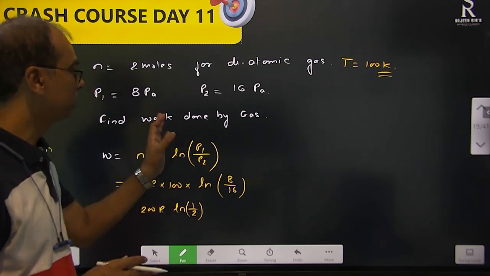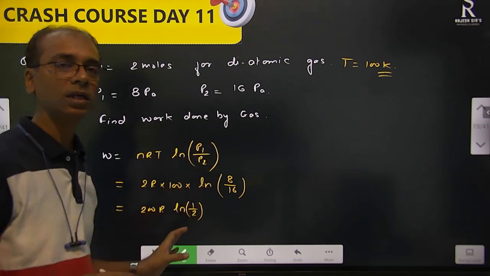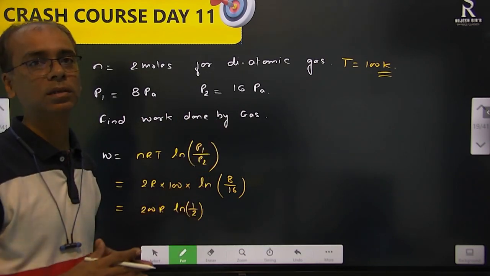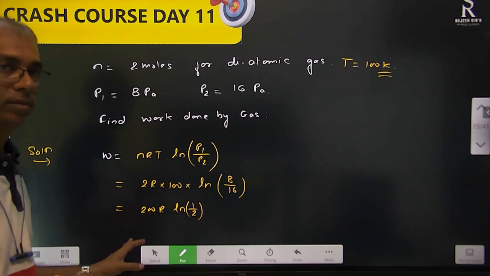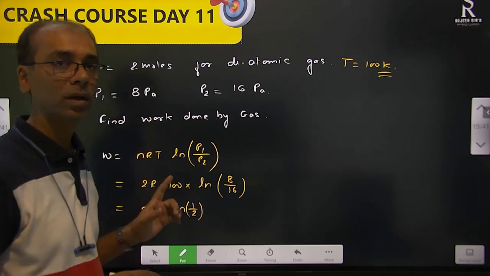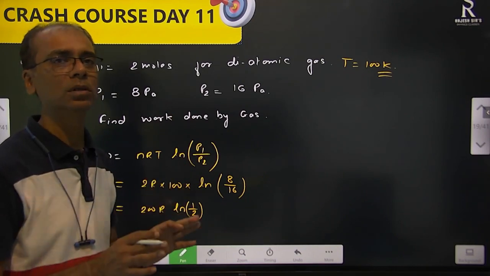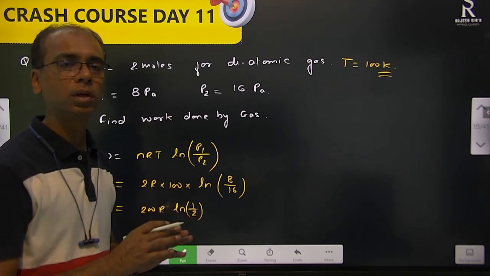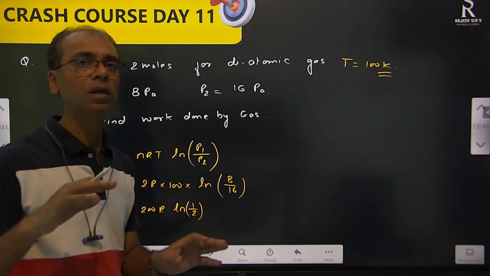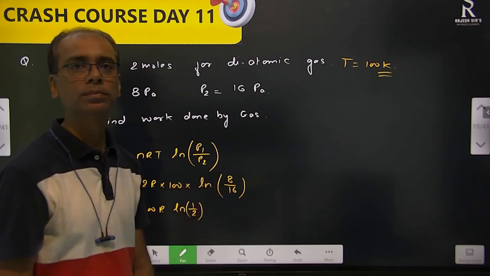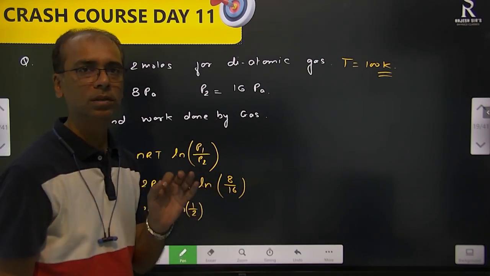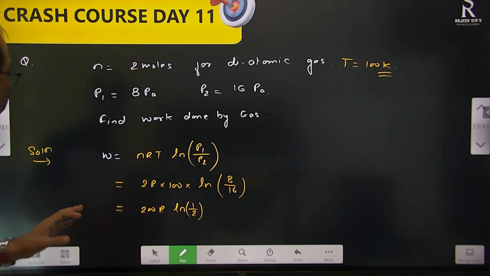If we ask what is work done by surrounding, the same thing will come as positive. Here it's coming negative. So what you have to do? Calculate work done by gas. There is no problem. If it's compression, negative. But if the question is asking surrounding, make it positive and give it. Just be careful with the words.